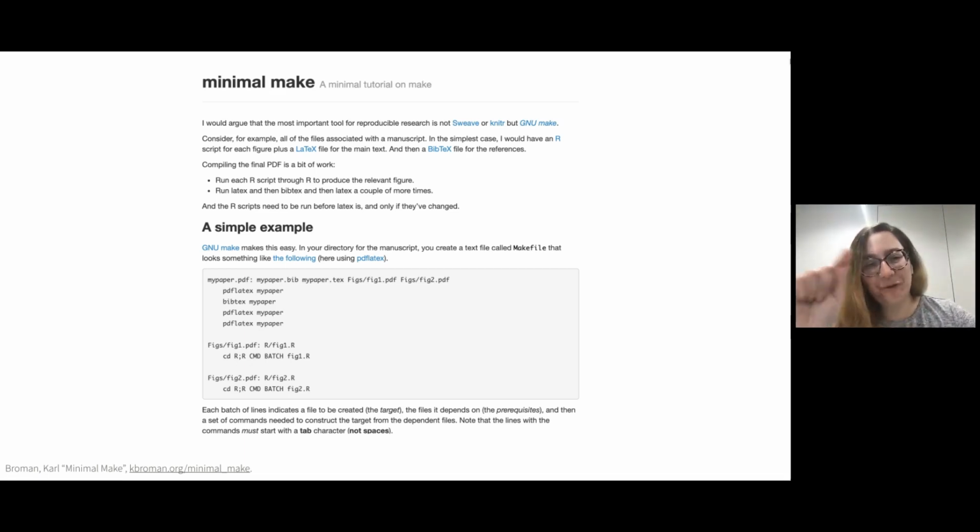That's what those 4 lines of code are doing, running either pdfLaTeX or BibTeX on your tex files. So the idea is to think about what are the human steps that would be required to reproduce this, then write them down using this particular syntax for make, and then ask the computer to do that for you.